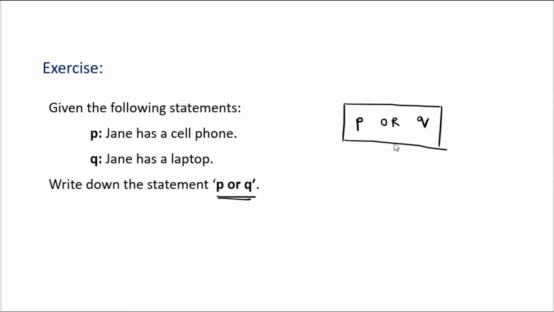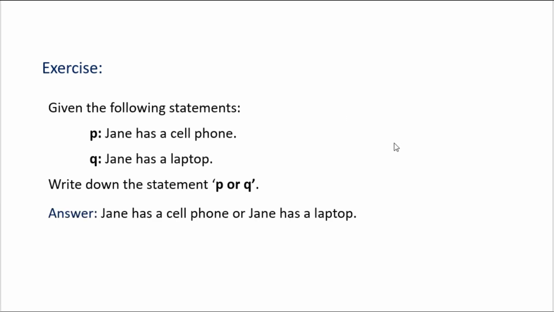That's again simple, just like the last example. It's going to be Jane has a cell phone, which is P. You insert the word or in between, followed by Jane has a laptop, which is Q. You can even shorten this. You can simply say Jane has a cell phone or a laptop. It's the same as this statement.